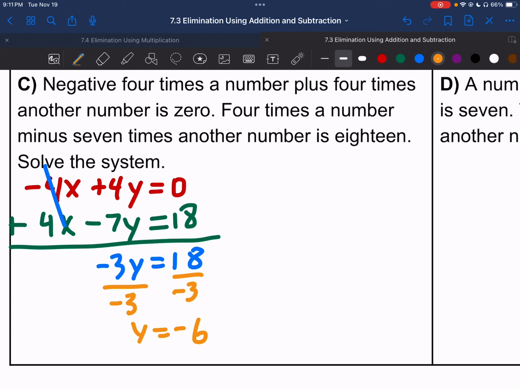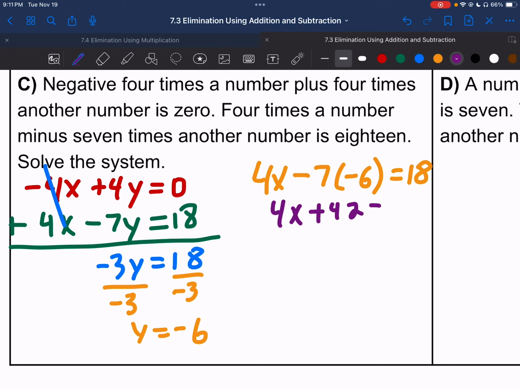All right, now let's use the bottom one. We'll do 4x minus 7 times -6 equals 18. We need to multiply 4x. -7 times -6 is plus 42 equals 18.